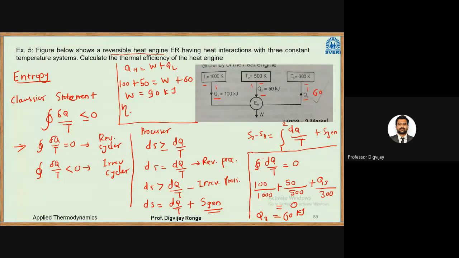Then you can calculate the efficiency, which is equal to work done divided by QH, or 90 divided by QH, which is 100 plus 50, that is 150.